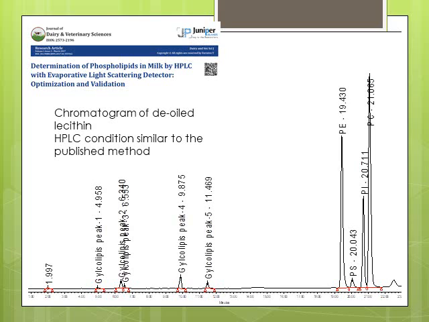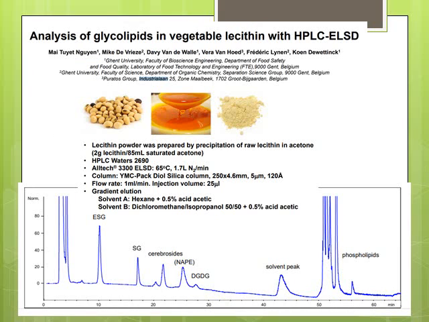So I'm very satisfied with these ELSD HPLC conditions, and I thank this journal that gave me a starting point to develop this method. Before I leave, I would like to show this publication that is actually for chromatography of glycolipids, not lecithin, and this chromatography is very useful for assigning your peaks.